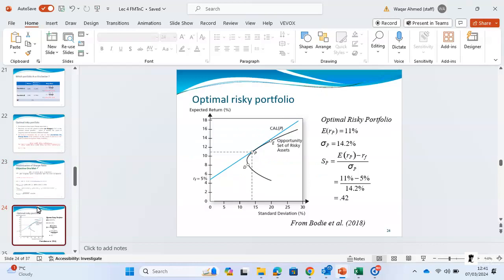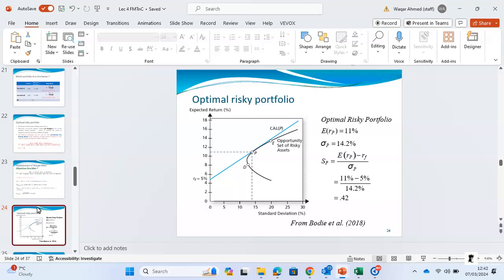That's been shown here on the slide at point P. If you put 40% in stock D and 60% in stock E, the resulting portfolio will give you a return of 11%, and the risk of this portfolio is around 14.2%. Good. So that's the scenario in the absence of a risk-free asset.